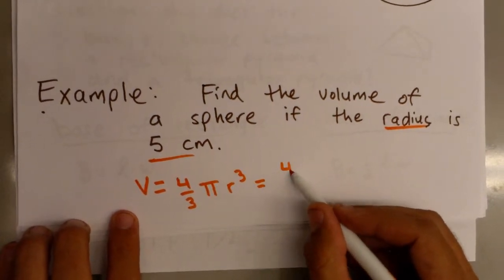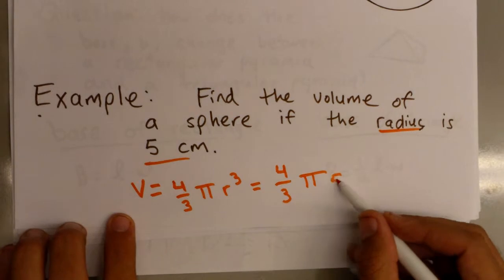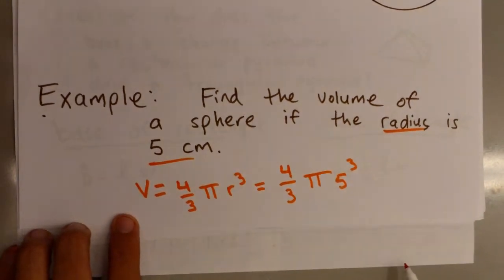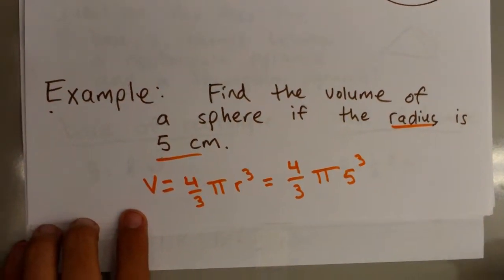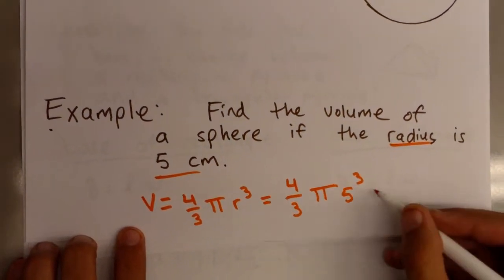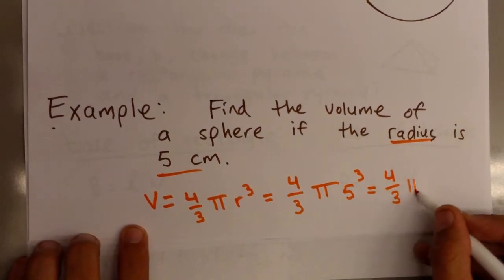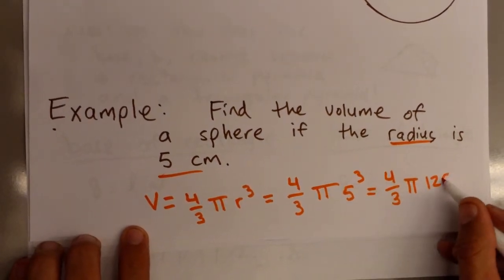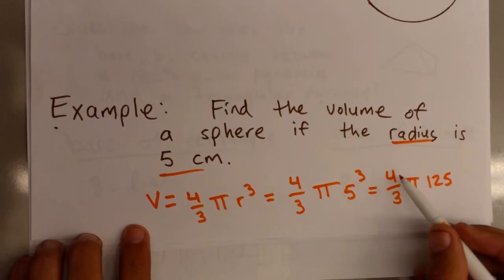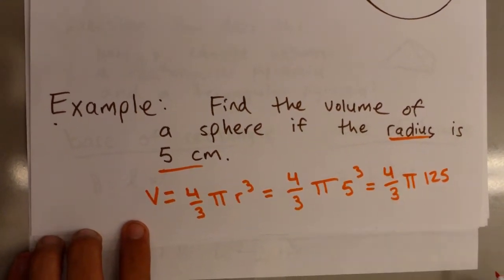So this equals 4/3 pi 5 cubed. 5 cubed, 5 times 5 is 25, and 25 times 5 is 125. So this equals 4/3 pi times 125. 125 times 4 is 500, and then we keep this denominator of 3.